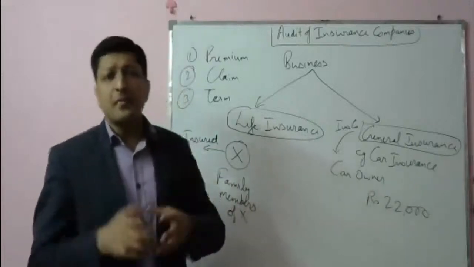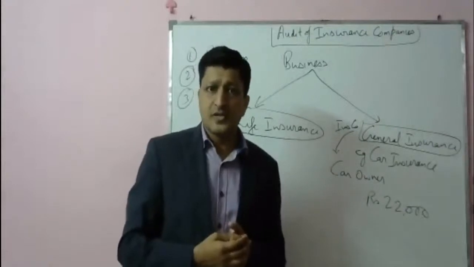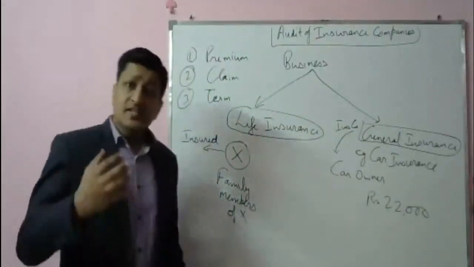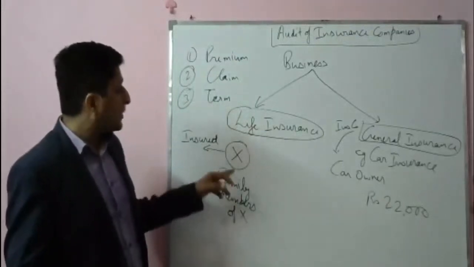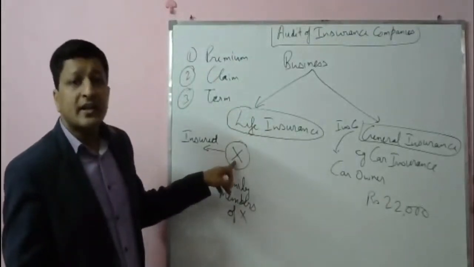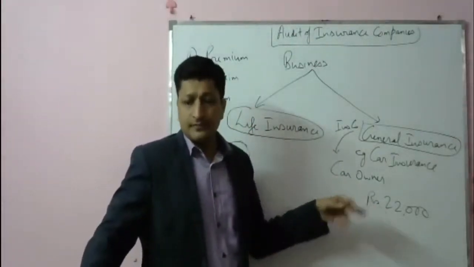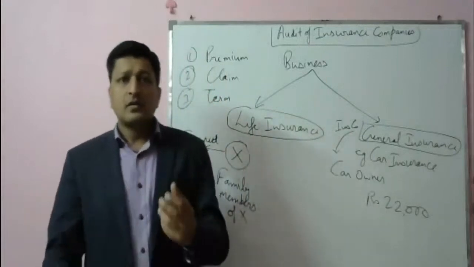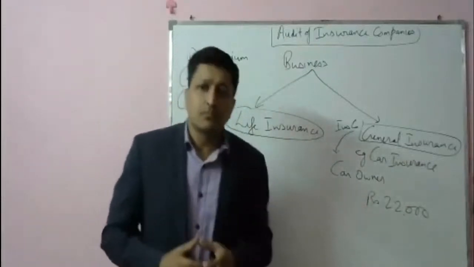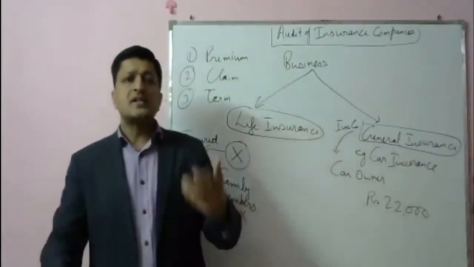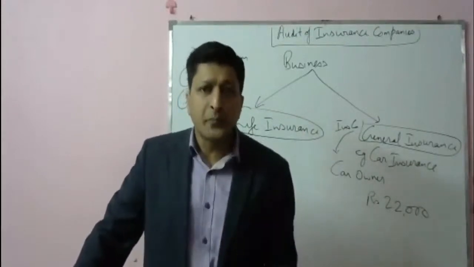Now, what is this premium amount, or what is called premium in case of an insurance business? For the risk cover which the insurance company will provide to the person who is getting insured, or in respect of the item which is getting insured, the insurance company would want to earn something. Yes or no? Because insurance company is there to make profits.